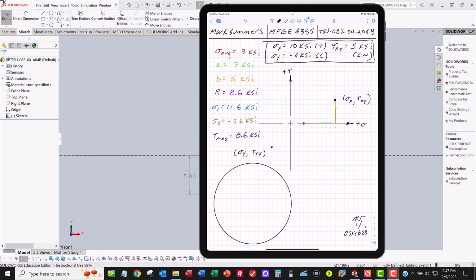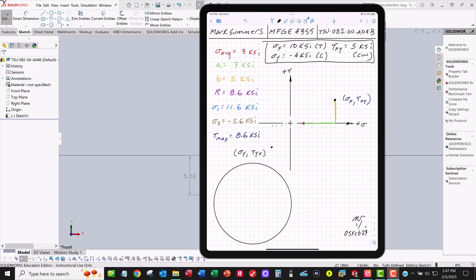Sigma y from the original problem statement was minus 4 ksi, so we'll go over 1, 2, 3, 4, and we're coming down. Tau yx is going to have the opposite sign of tau xy. So instead of positive 5, it's going to be negative 5, so we come down 1, 2, 3, 4, 5.